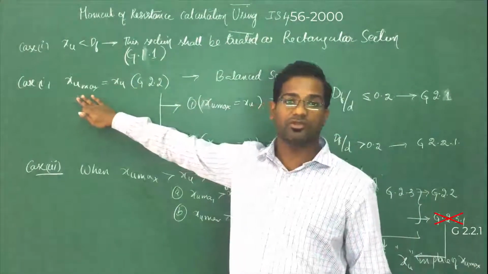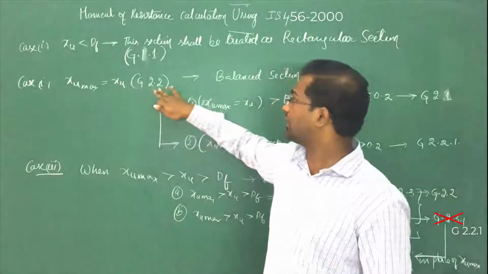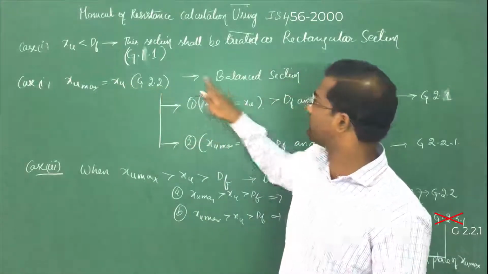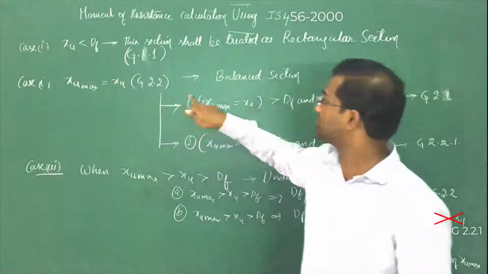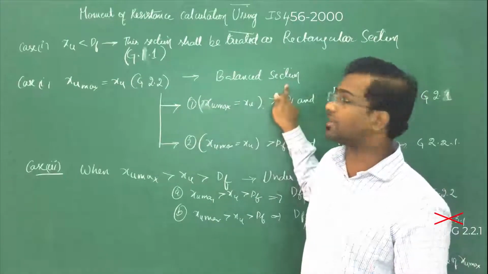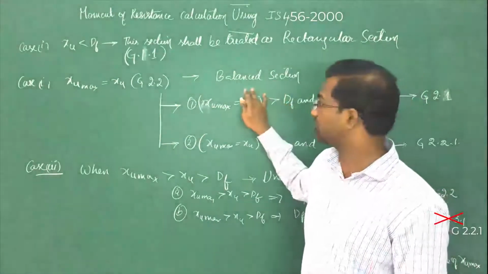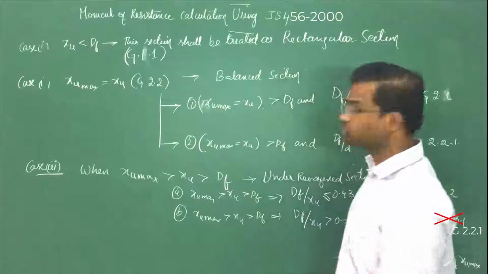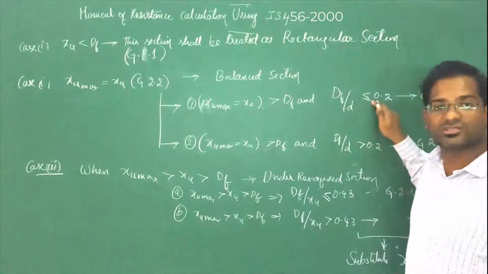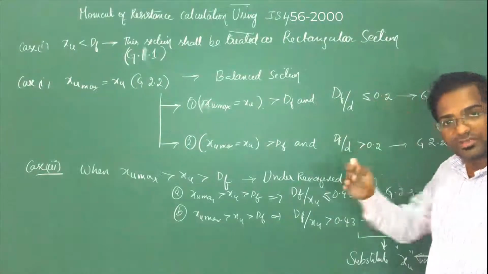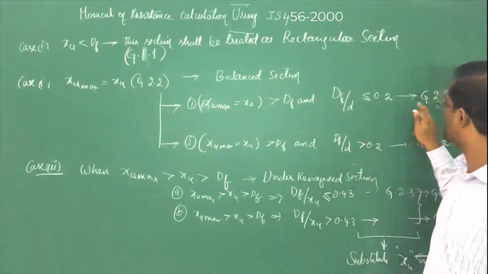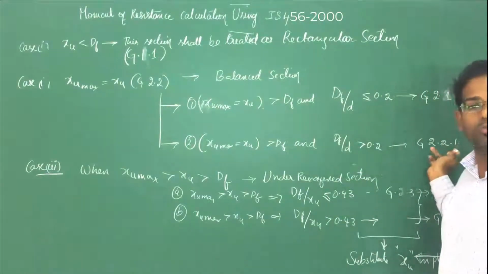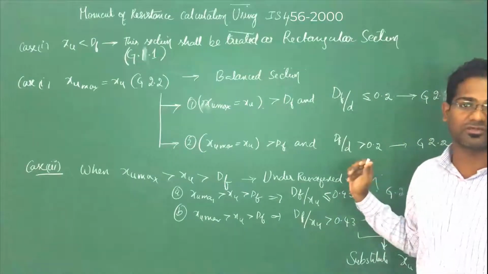If the limiting neutral axis is given and if the value of Xu is greater than Df, then this shall be treated as a balanced section. And if this is a balanced section, you have two conditions. According to that, you have to use the moment of resistance equations given in clause number 2.1 and 2.2.1.